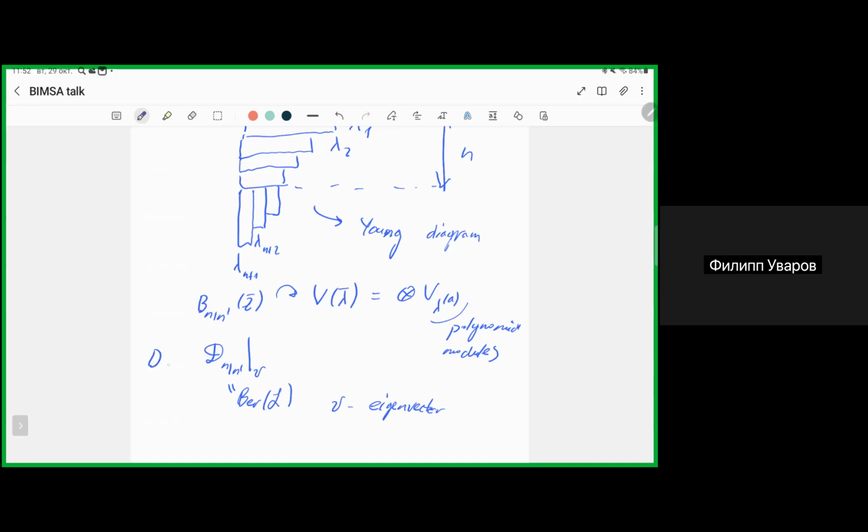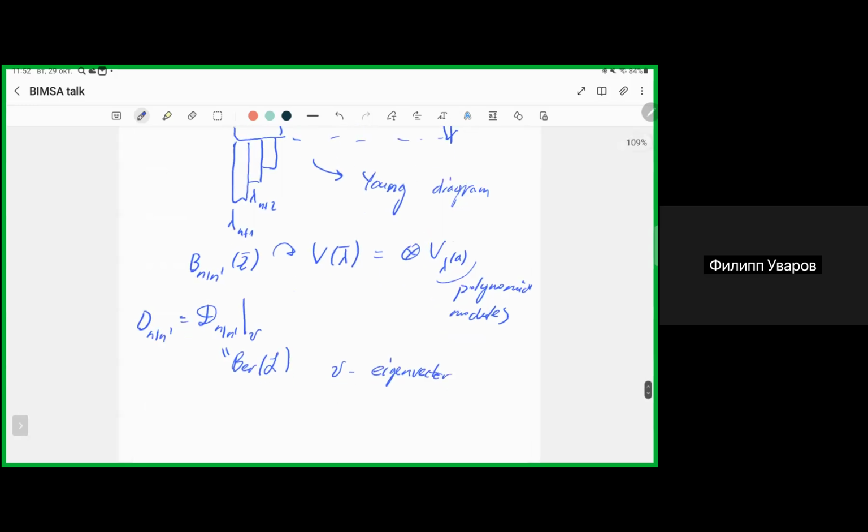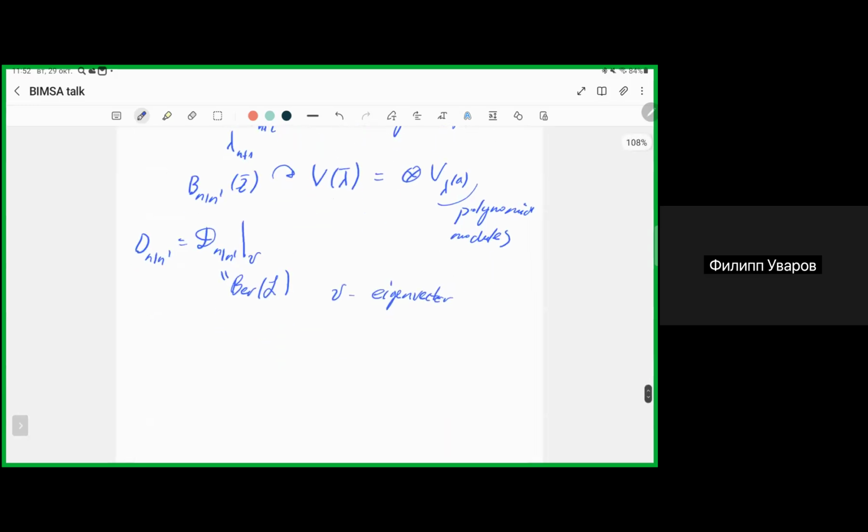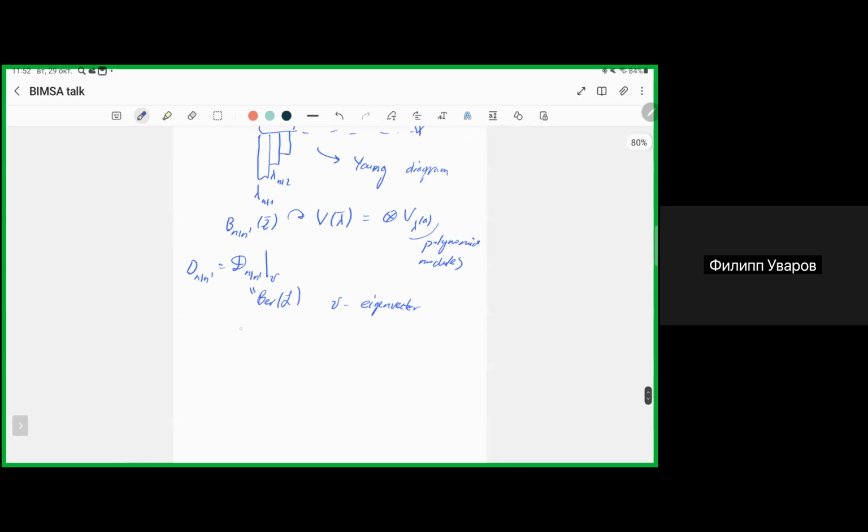Let me denote it as D_{n,n'}. And the theorem here is that if v is given by Bethe ansatz, then my D_{n,n'} is actually a rational pseudo-differential operator.